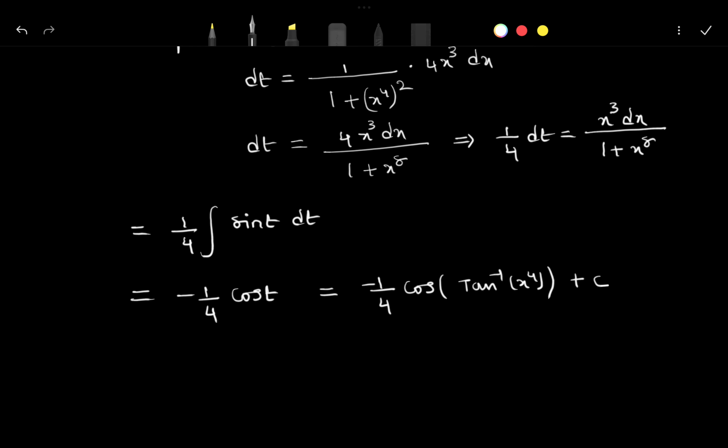So your final result will be minus 1 by 4 into cos of tan inverse of x to the power of 4 plus c. This is the final answer. I hope it is very clear to all of you.